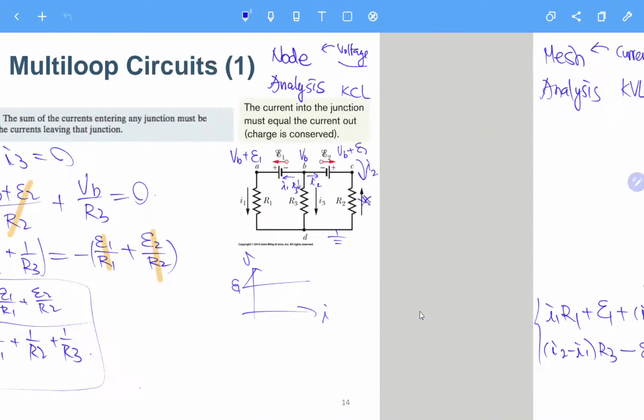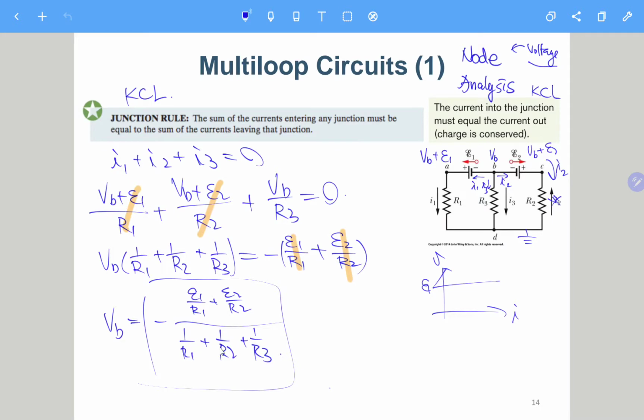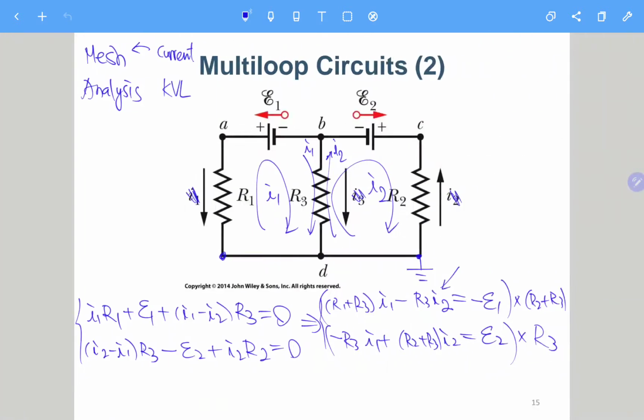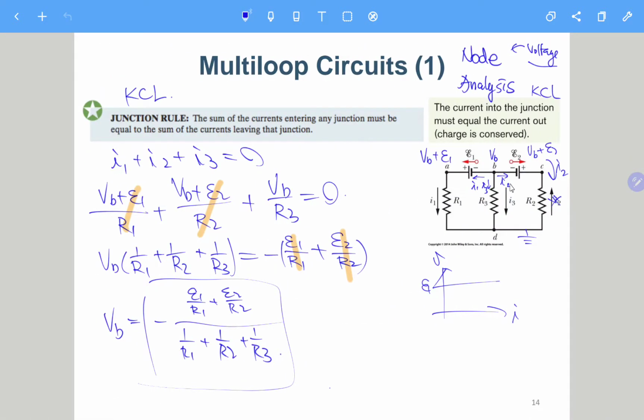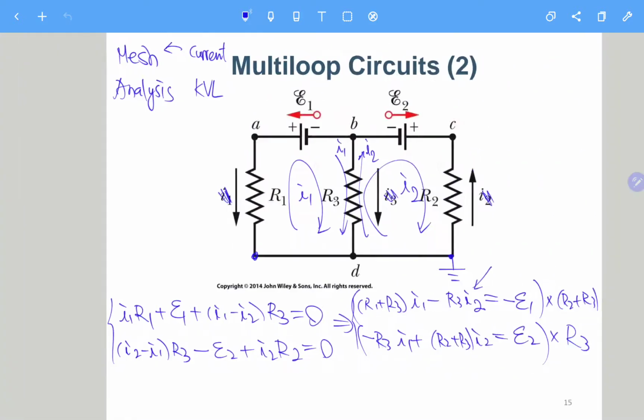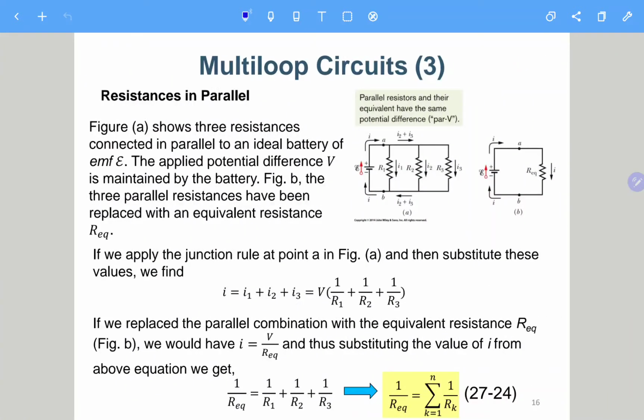This method and the node analysis method should give you the same solution, although here we solve I1 and I2 instead of finding VB. For some circuits, node analysis may be easier, and for some circuits mesh analysis may be easier. But for most circuits, either way is equally difficult.